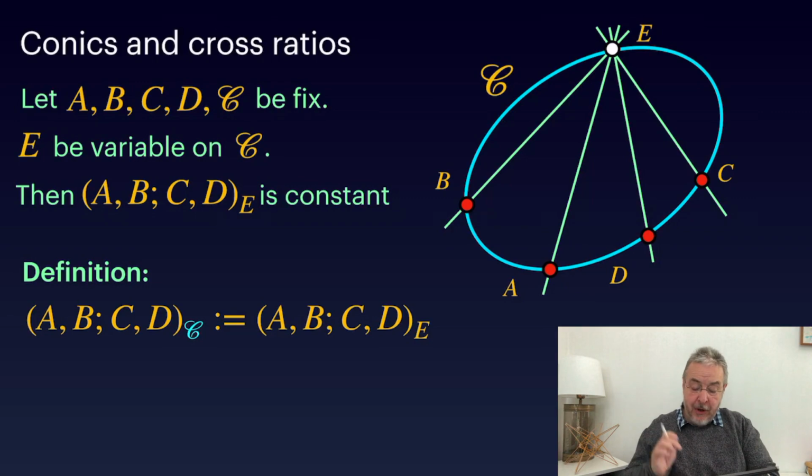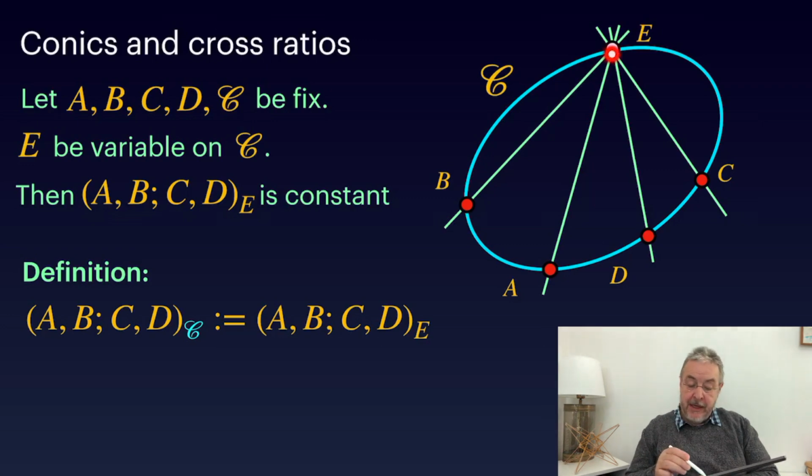So before we go there, one little remark. I said that I can move my point E arbitrary on the conic. So in particular, it may happen that it coincides with one of the points, and in that case, at least literally, the join between these points is no longer defined.